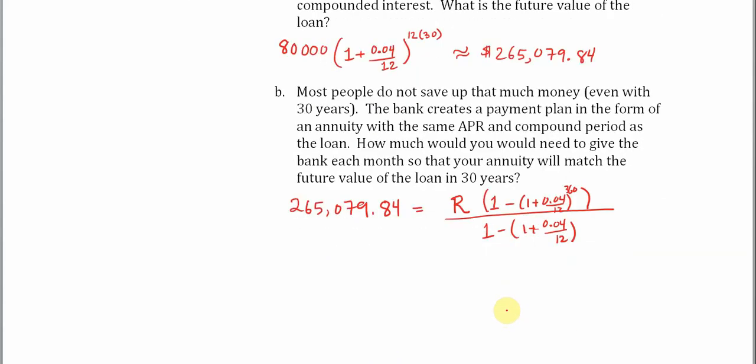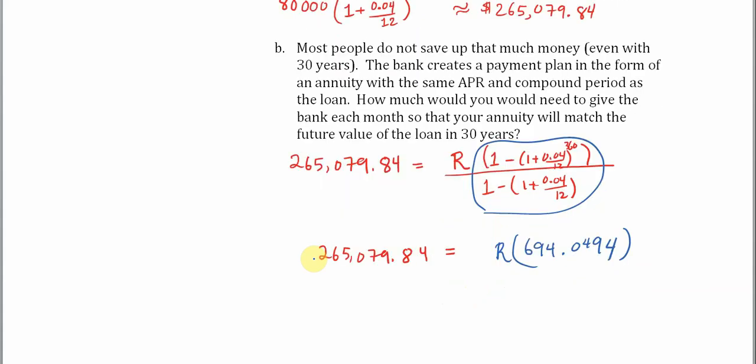Okay, so I'm going to do this nice and slow. So all of this expression right here together gives me 694.0494. All right, so R times that number is going to be equal to 265,079.84.